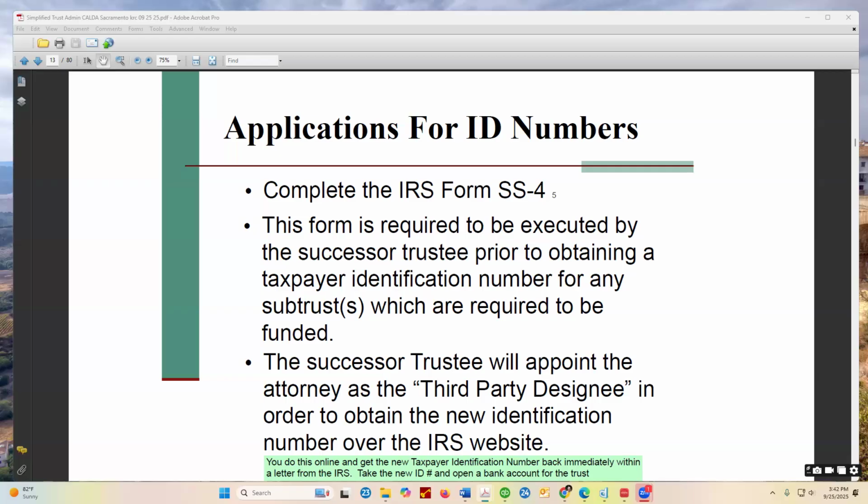It avoids the work of having to do one tax return for the decedent's estate and a separate tax return for the irrevocable trust.